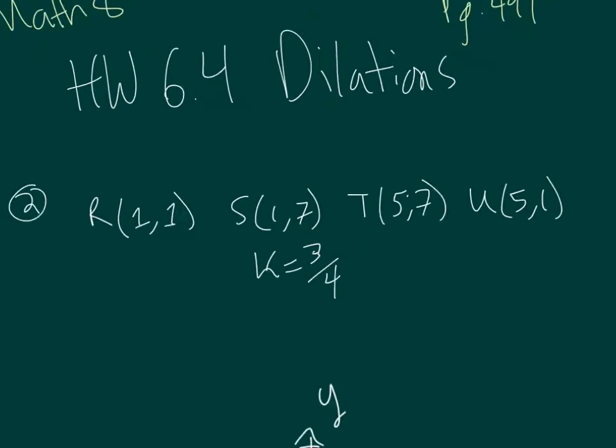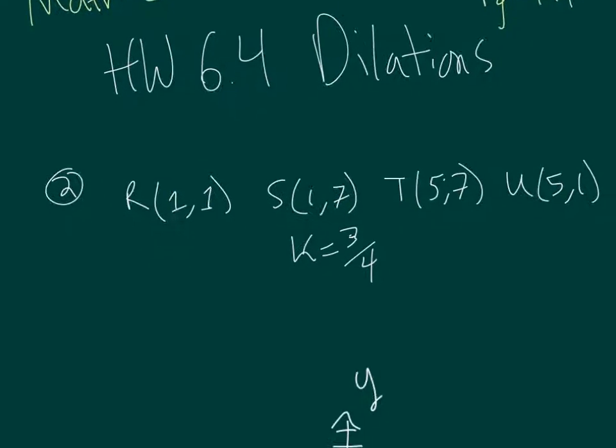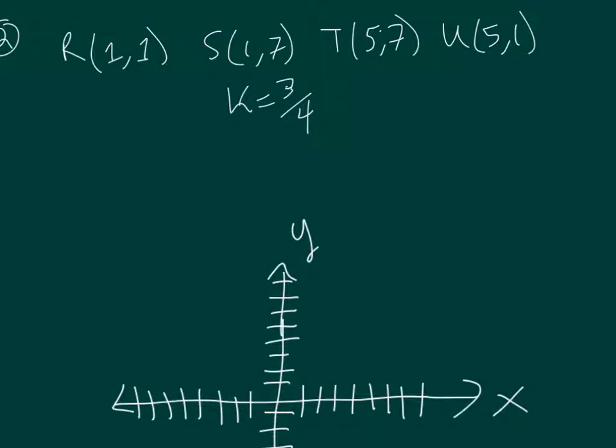Here we go. We've got number 2. They give us this shape RSTU, and they give us the coordinates. First thing you probably want to do is map out those coordinates. Let's go ahead and do that. So R is 1, 1. Let's make that here.